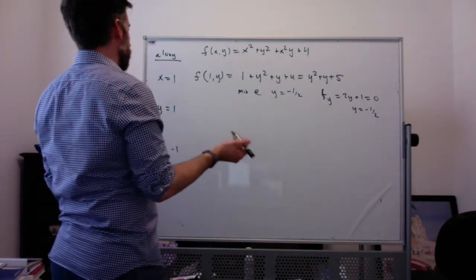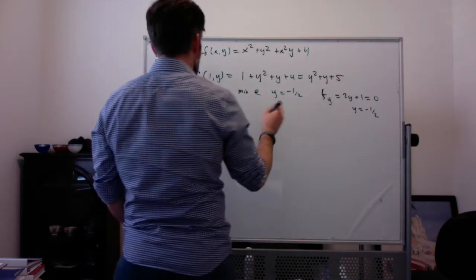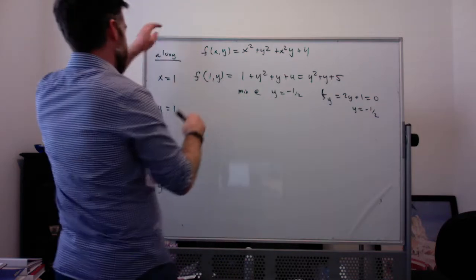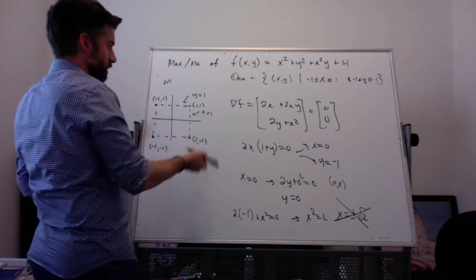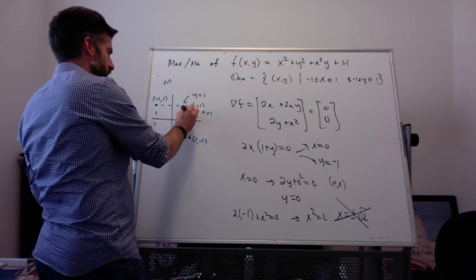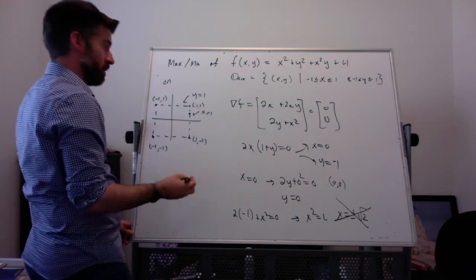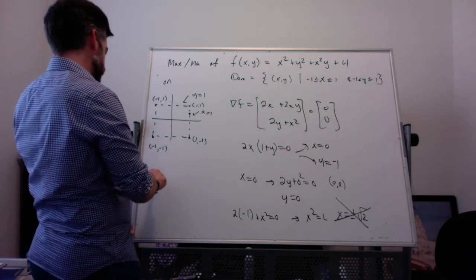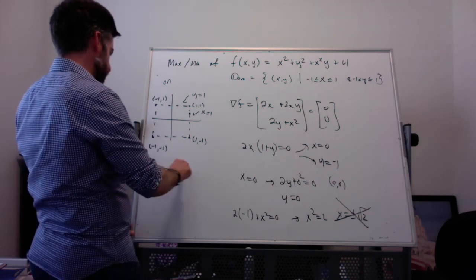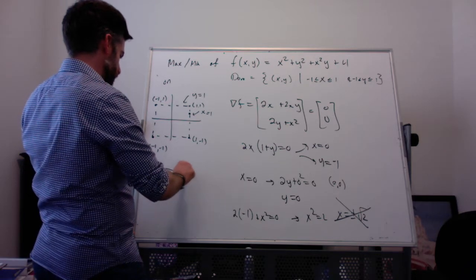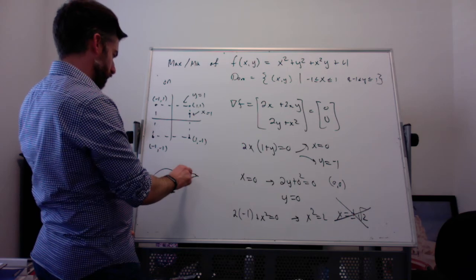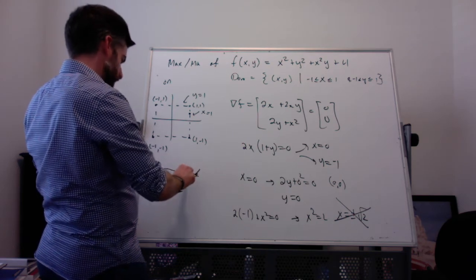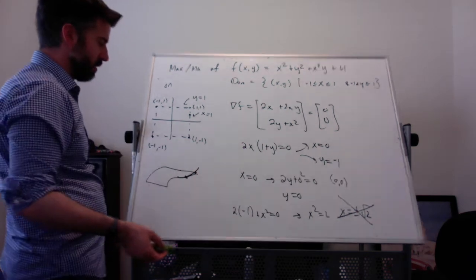So along x equals 1, it's going to bottom out at y equal to -1/2. Right here, that's going to be the minimum value. So maybe the surface actually looks something like this, and right here, that's -1/2, and it's kind of a minimum in that direction.